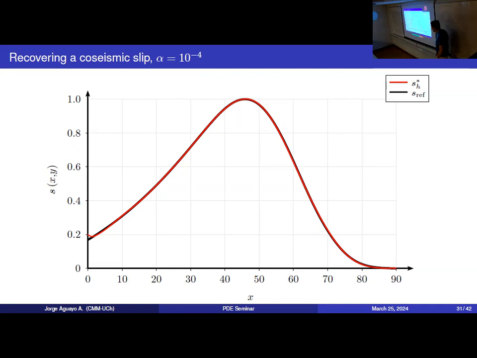x equal to 0 corresponds to the part near the surface. Yes, the idea is that near the surface is equal to 0. Well, let me see if I can find another marker, because those markers are not working so well.